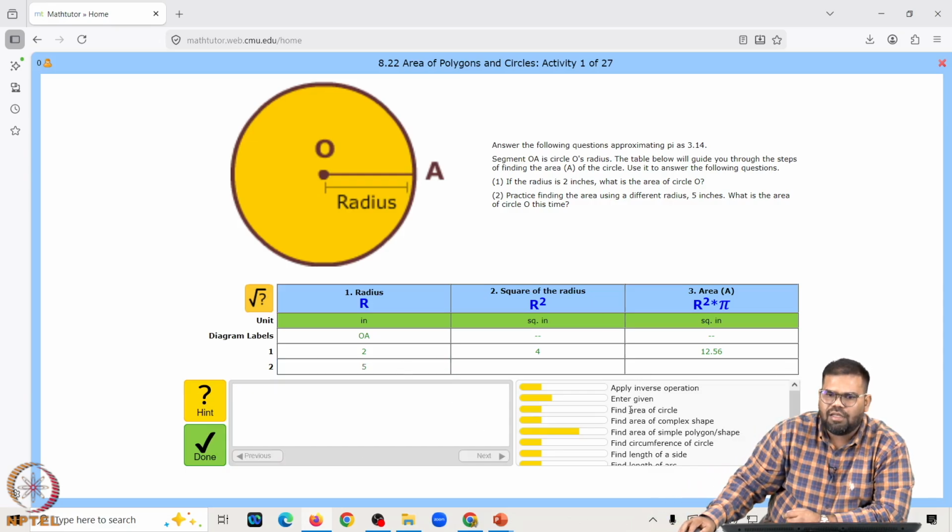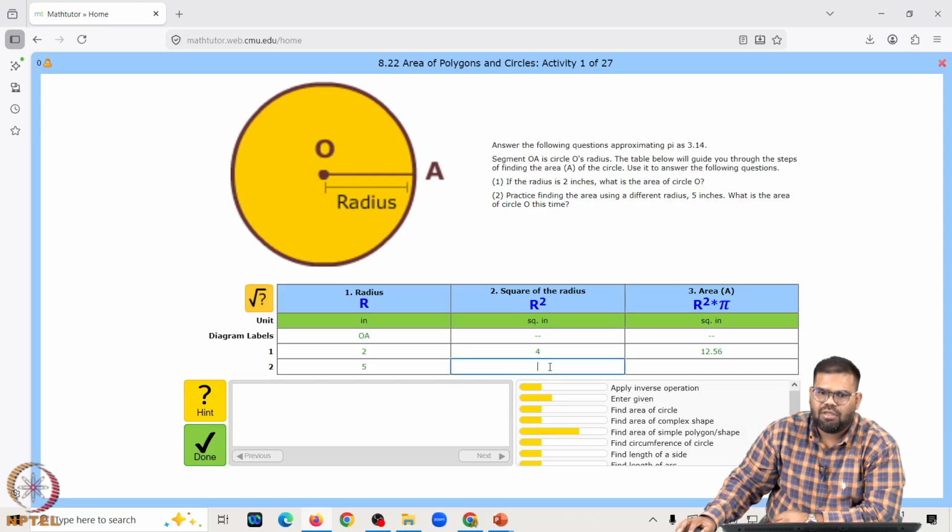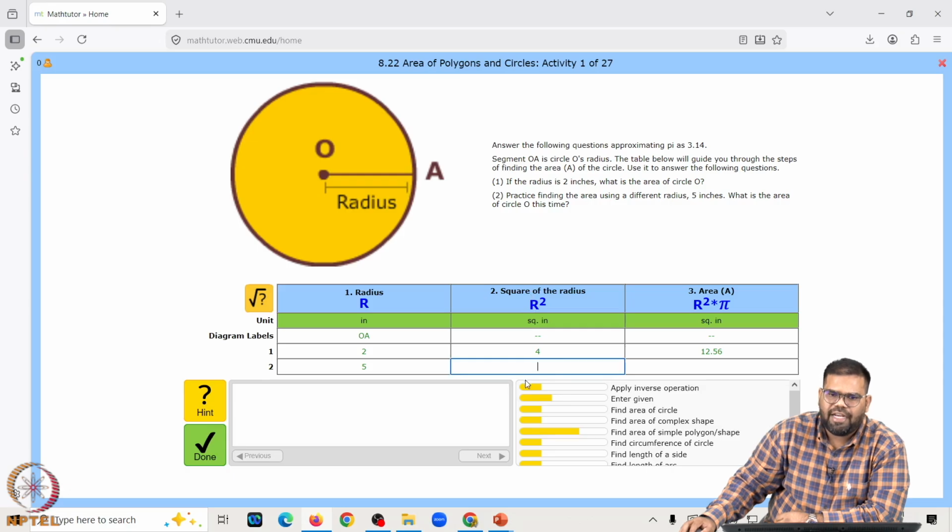If you see this entry, which was earlier somewhere here, it has reduced down. So identification is less now. Now for the square of the radius, again either I can use the hints or directly enter.